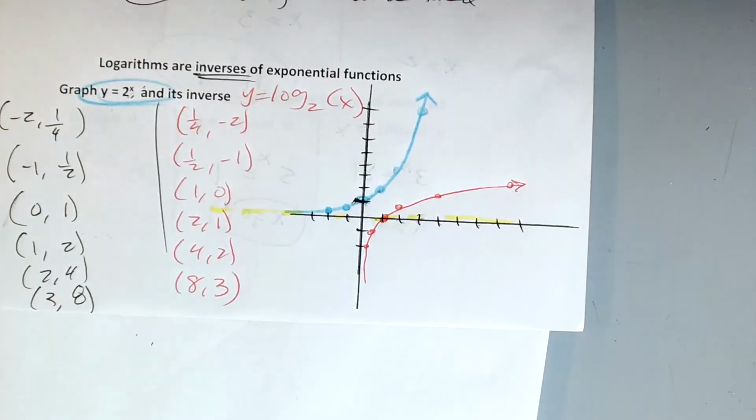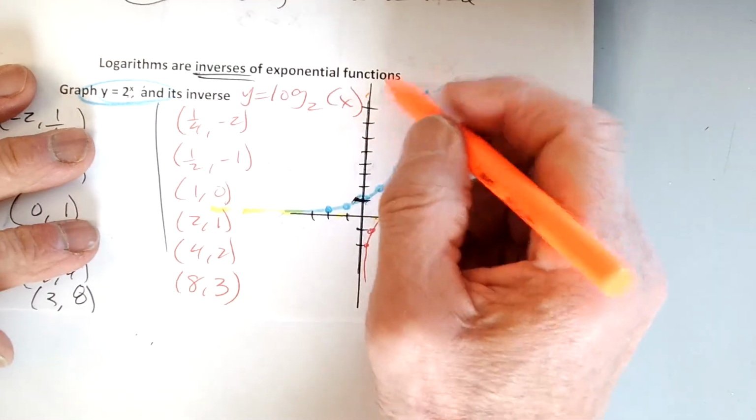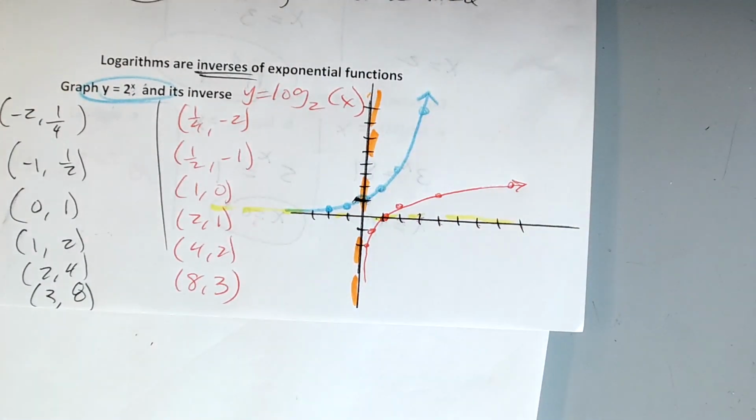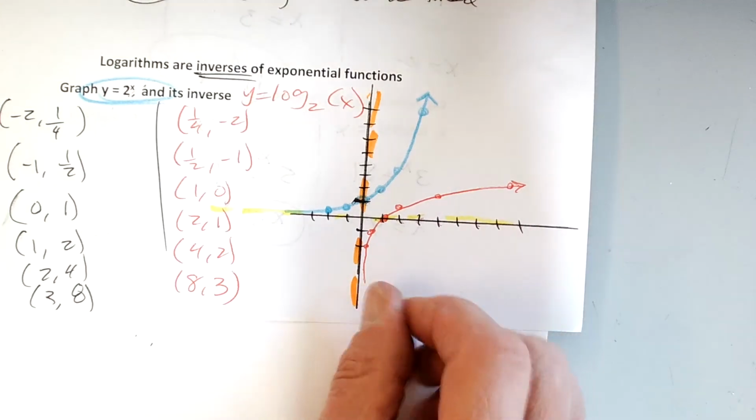That's my log graph, and it has an asymptote also, but it has a vertical asymptote because it never touches this line.